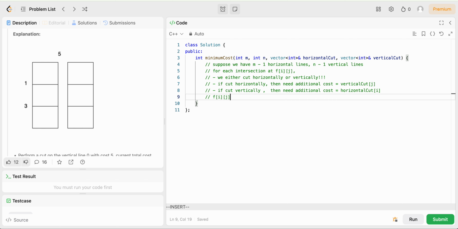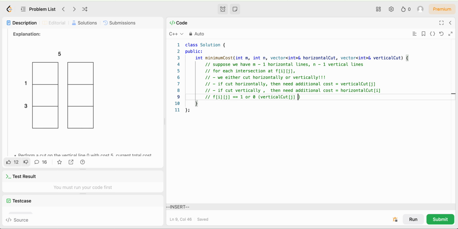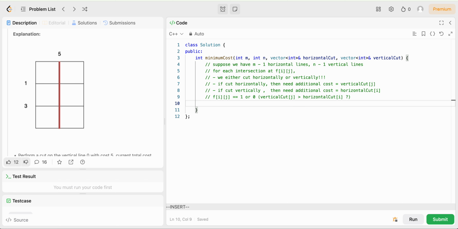So f i j equals 1 or 0, depending on whether the vertical cost is greater than the horizontal cost or not. Then we can get the final cost.